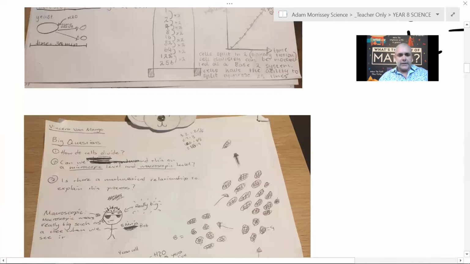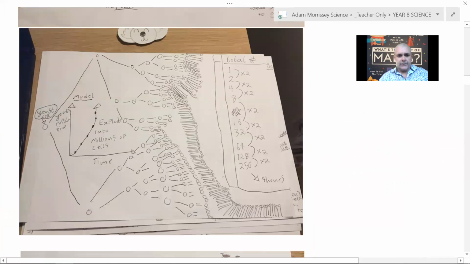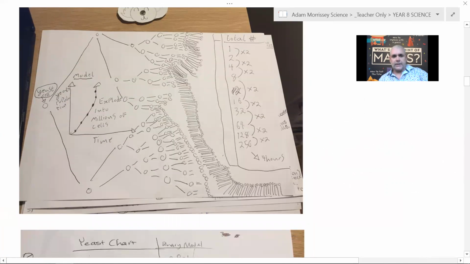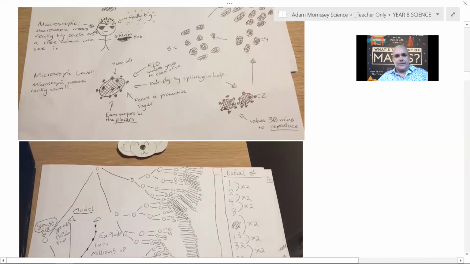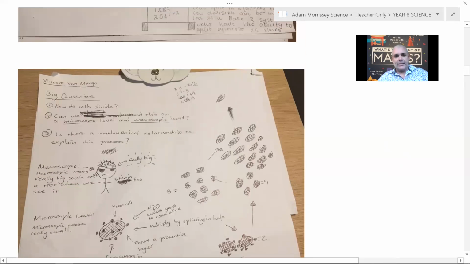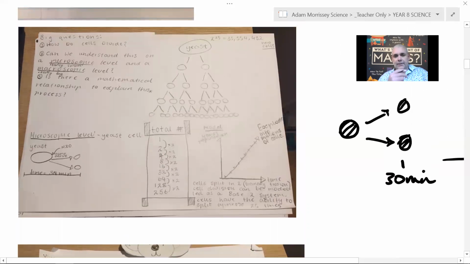And what's really interesting here, if I go down here a little bit, there's a really interesting piece of work here where the student has tried really hard to map out each of those divisions. And what I'm hoping for is when we get to this, we don't quite get to this stage. A lot of people stop, and where's some examples here?